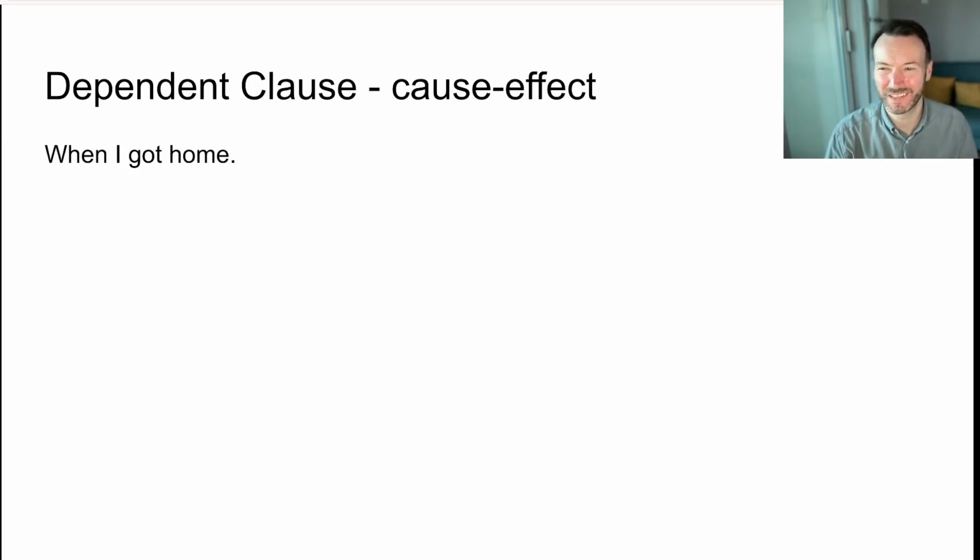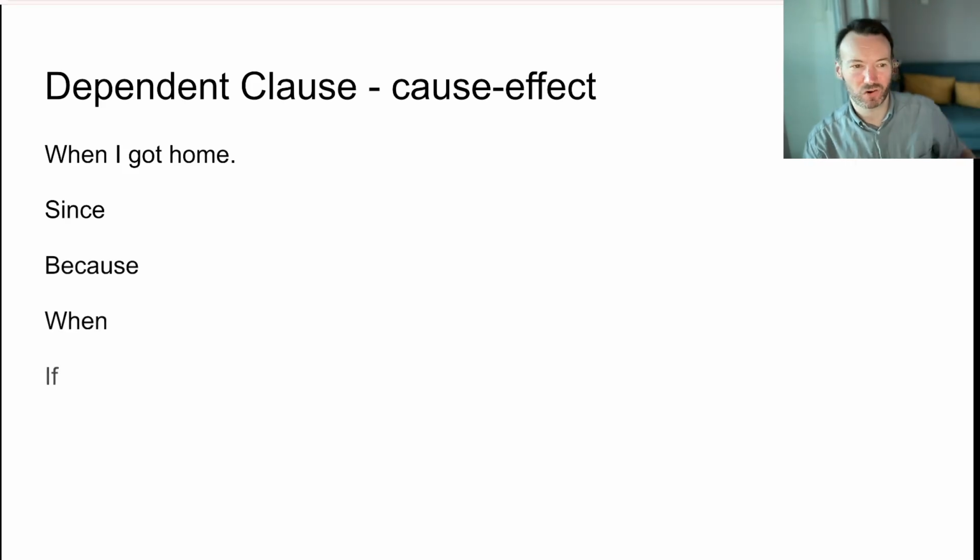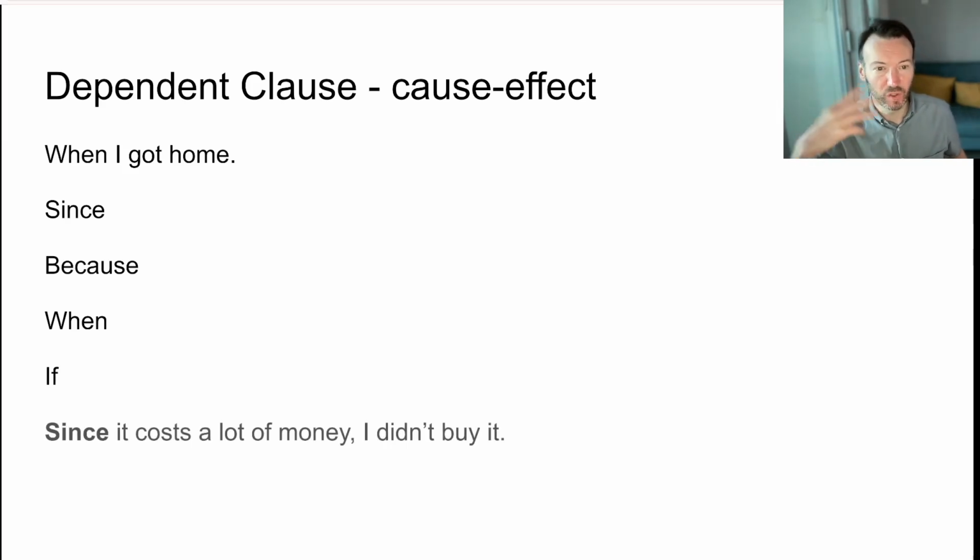So we're going to look at dependent clauses using these little useful words for starting or connecting. So we have since, because, when, and our old friend if. Okay, so we can use these for dependent clauses, and we can use them to connect and make them full, complete ideas.